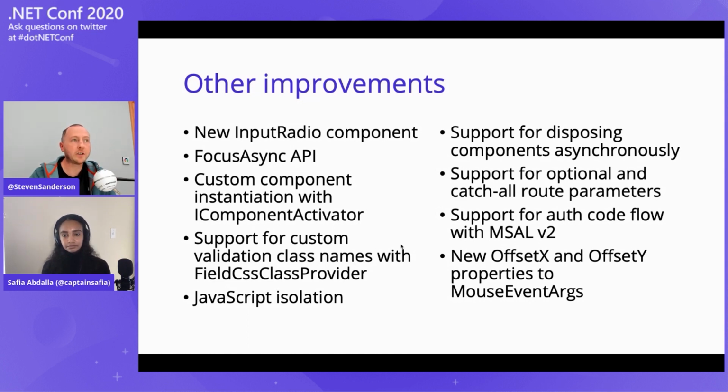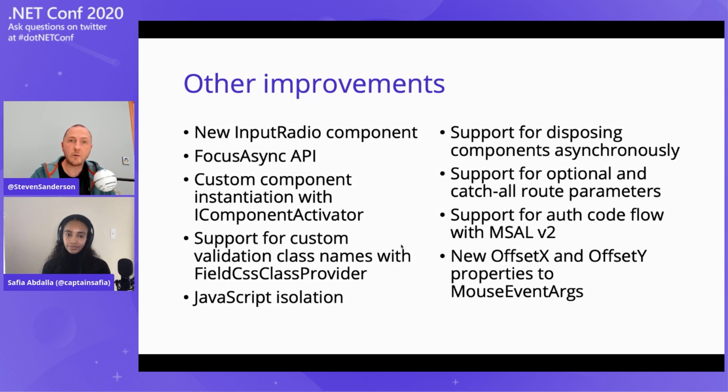We had a community contribution for intercepting how components get instantiated, so you can do that in a custom way. And JavaScript isolation, that's one of the ways in which NuGet packages can bring in JavaScript without requiring the end user, the end developer to add references. So that's a way of loading ES6 modules dynamically inside your Blazor components.